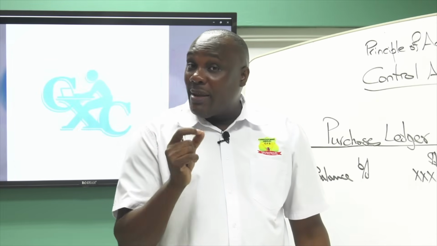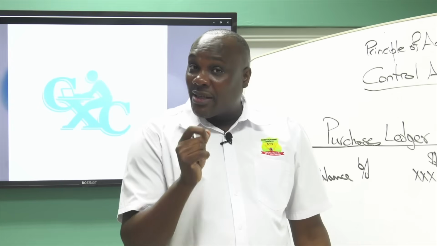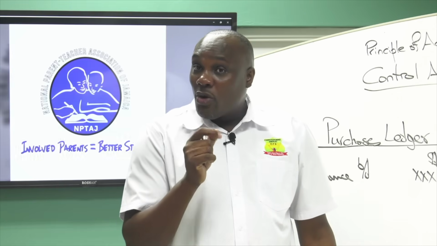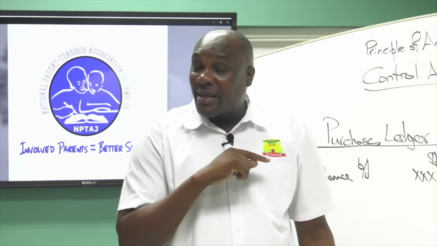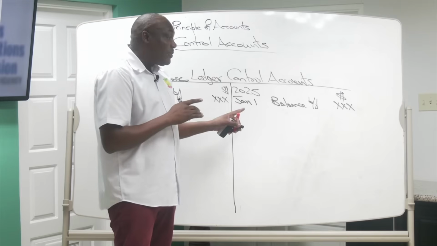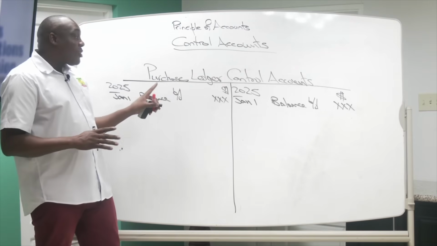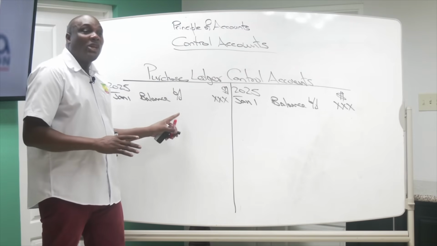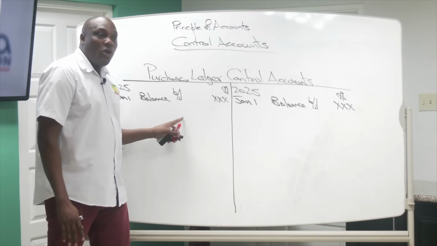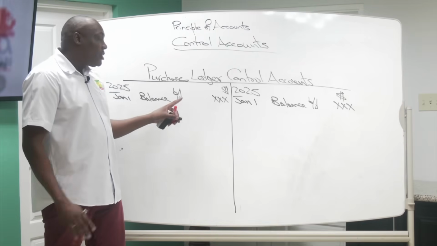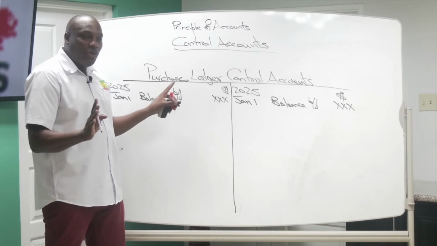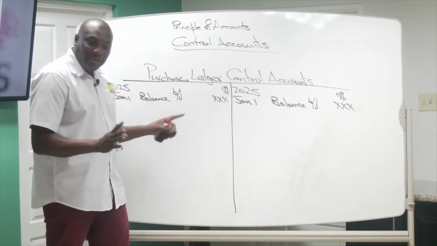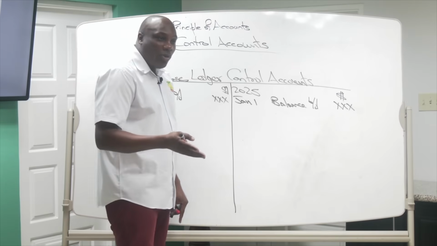Again, it's the same principle as I gave with regards to the sales ledger control account with debtors. Why is it that a debtor may carry a credit balance? So I'm explaining to you now why a creditor may carry a debit balance, which is unusual, not the norm.